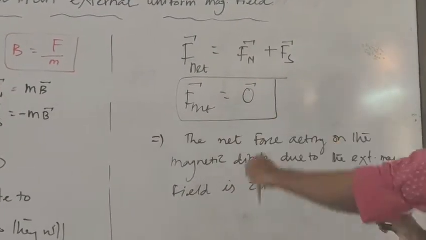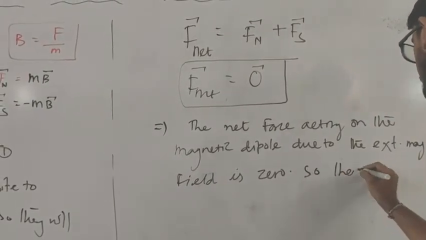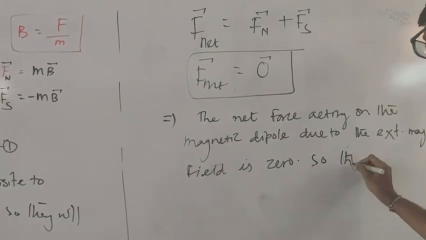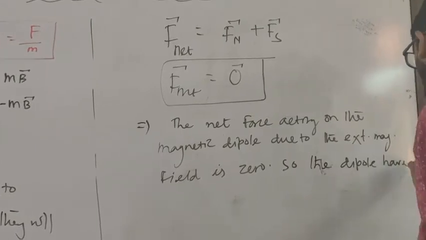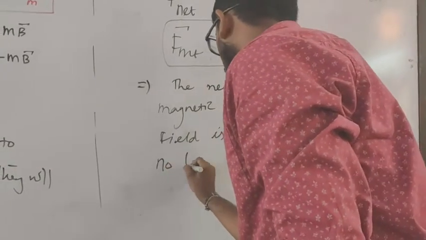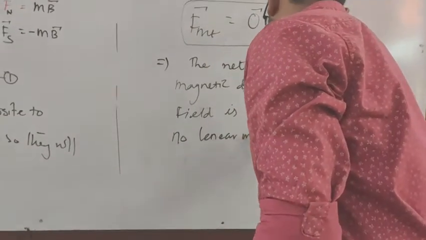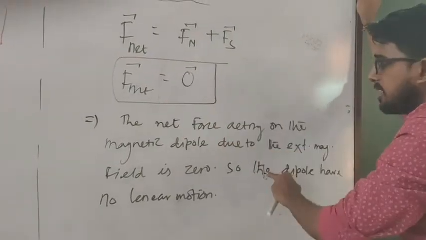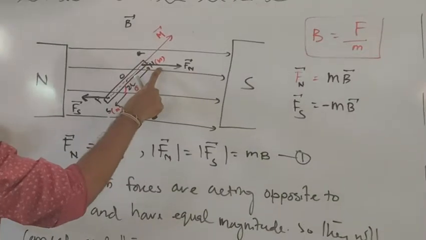As the net force is 0, the dipole has no linear motion. As the net linear force acting on the dipole is 0, there will be no linear motion of the dipole. Clear?